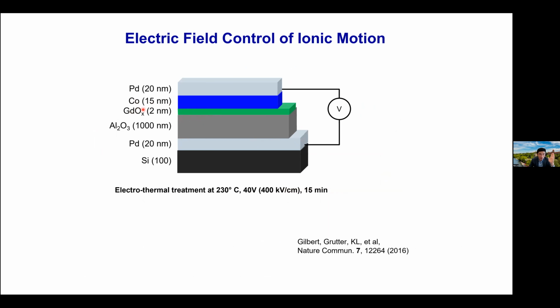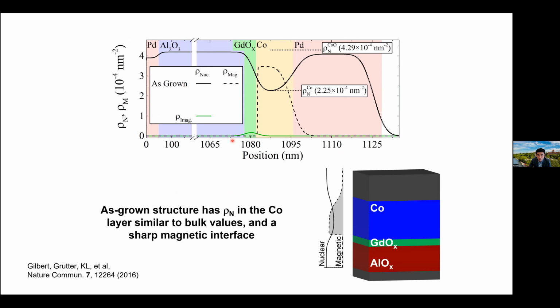In the previous study where people switched the PMA, the cobalt was only about 1 nanometer. Here we want to show this magneto-ionic handle can go beyond the interface. So we purposely made a very thick 15 nanometer film, and then used electric field to drive the oxygen from the oxide into the cobalt layer.